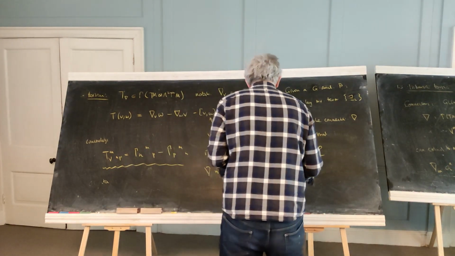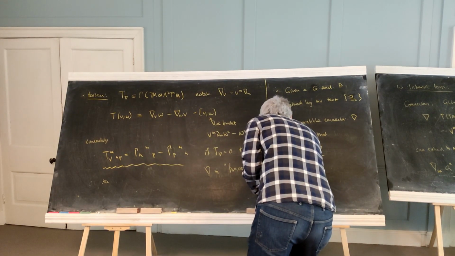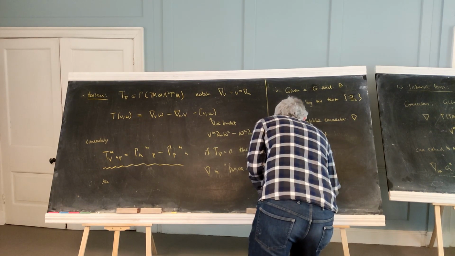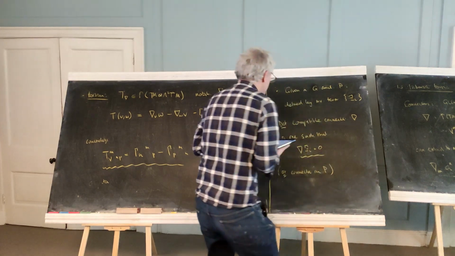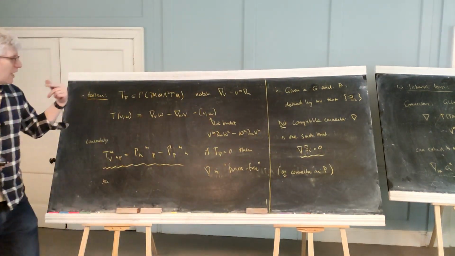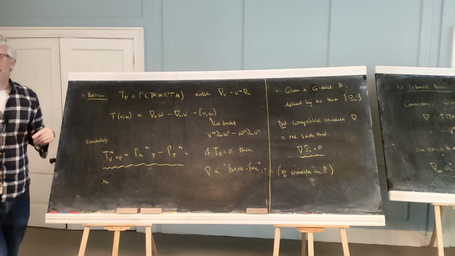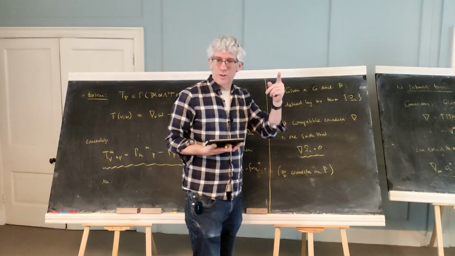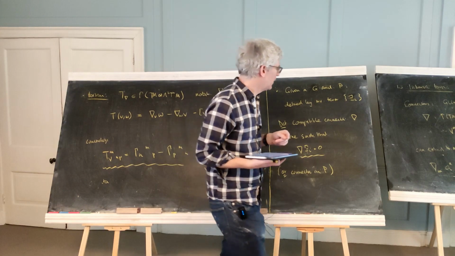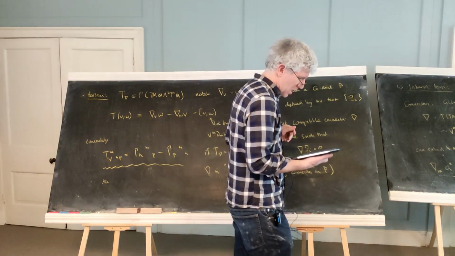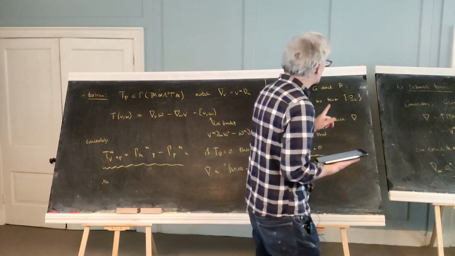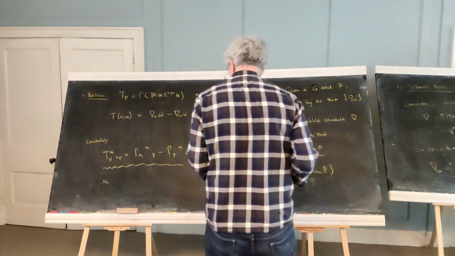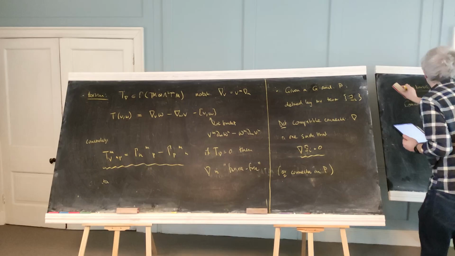Equivalently, if you know about principal bundles, you can think of it as a connection on P. We're used to thinking about connections as acting on tensors, but you can also define them on the principal bundle themselves. I'm not going to get into that. So equivalently, what does this mean?